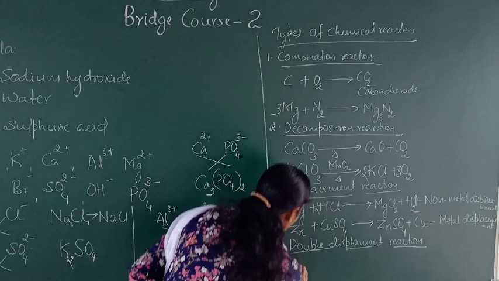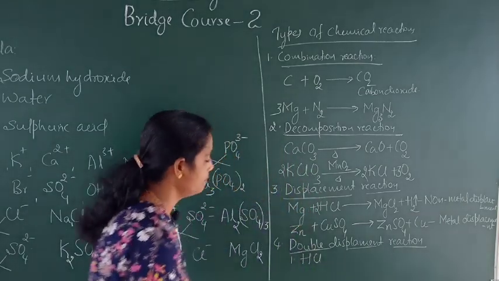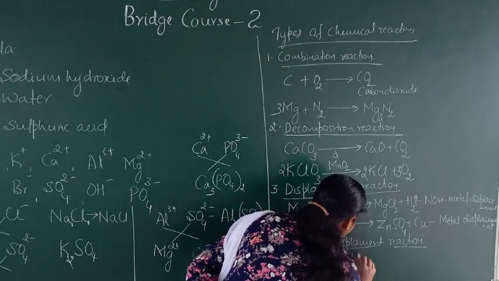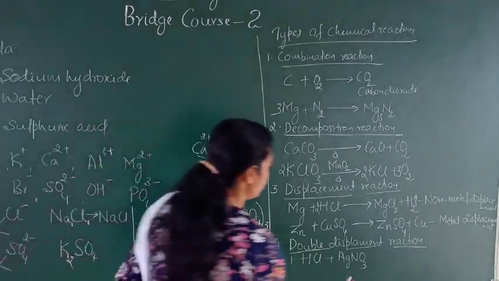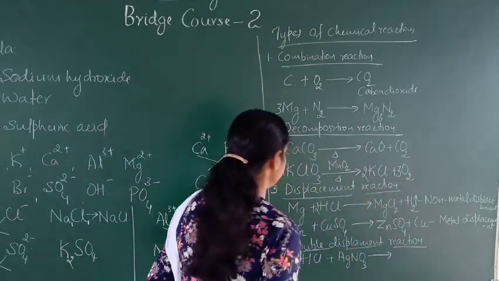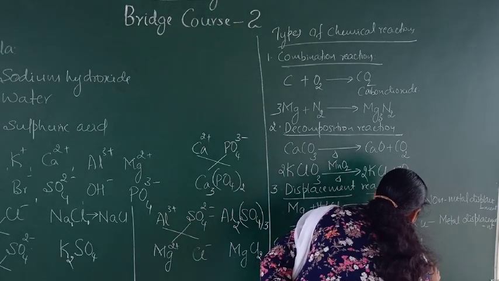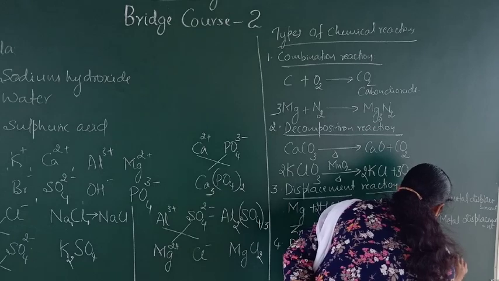See, I will give you the example. Hydrochloric acid is treated with silver nitrate solution. Then we will get a white precipitate of AgCl and nitric acid.